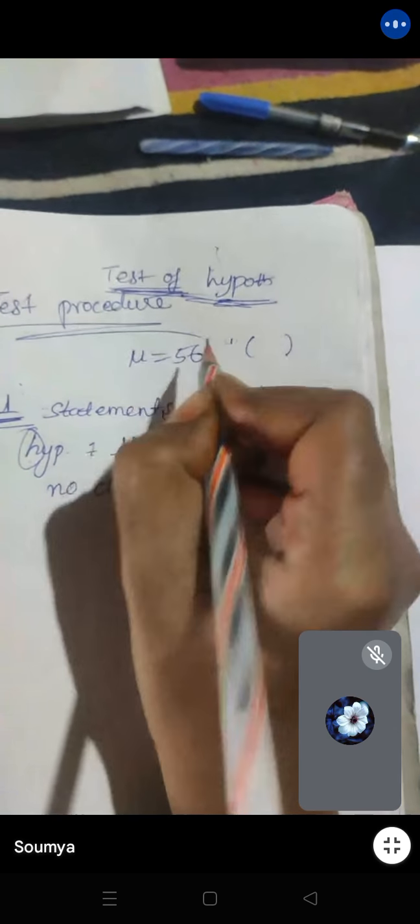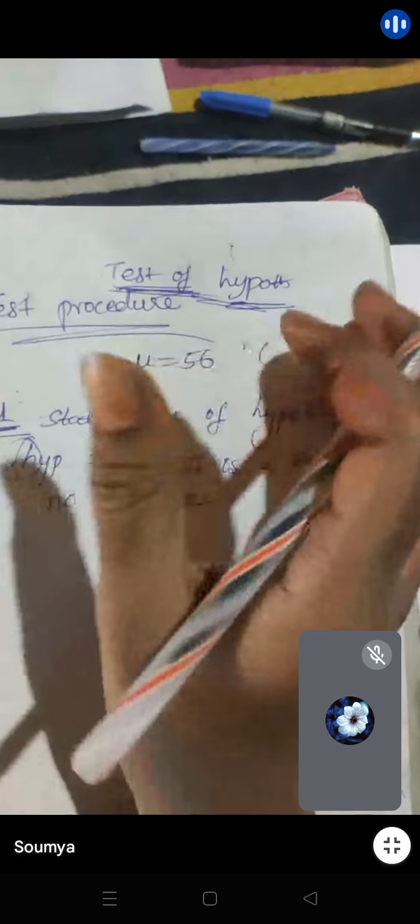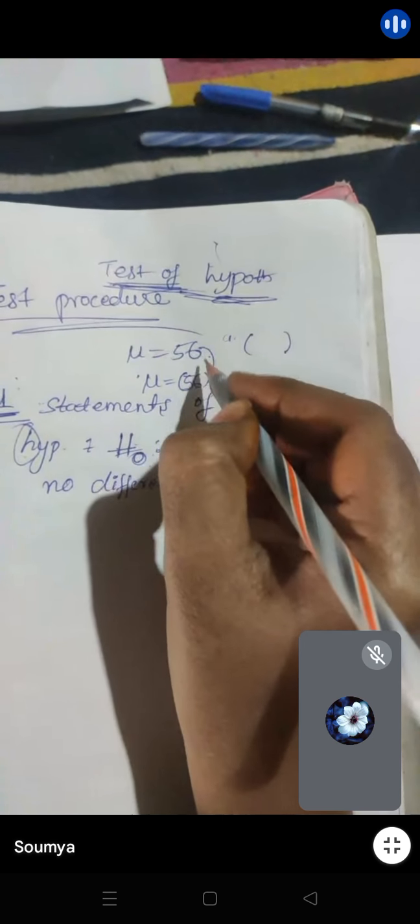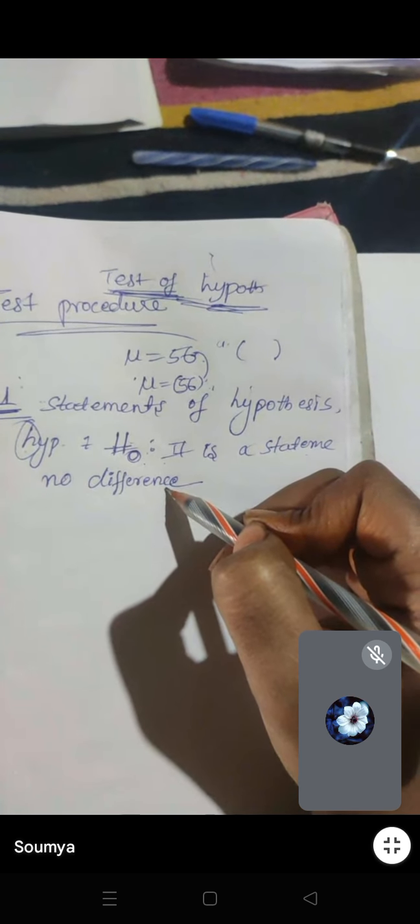That means if we assume some value, 56, for the population, and after checking the procedure we get mu equal to that value, then there is no difference. So null hypothesis, H naught, is a statement of no difference.